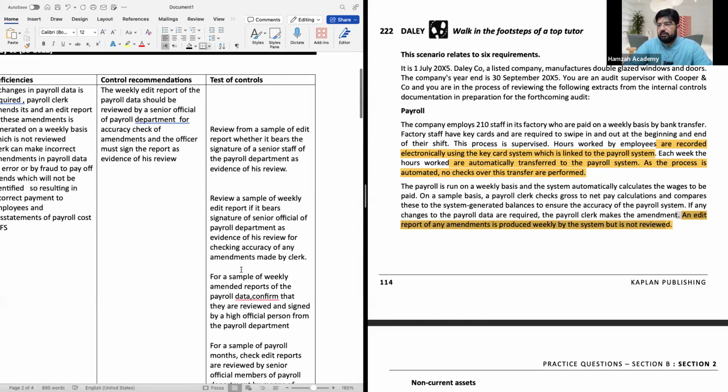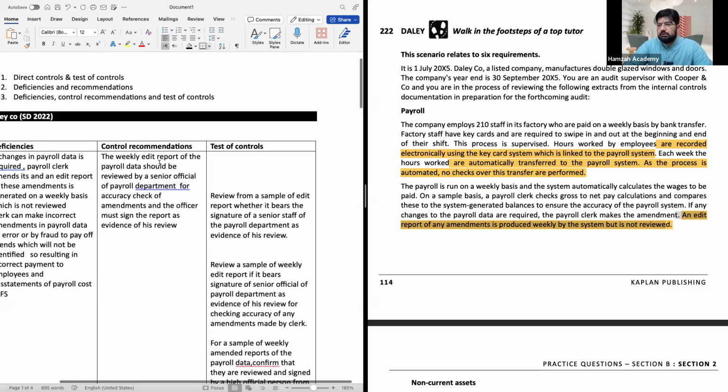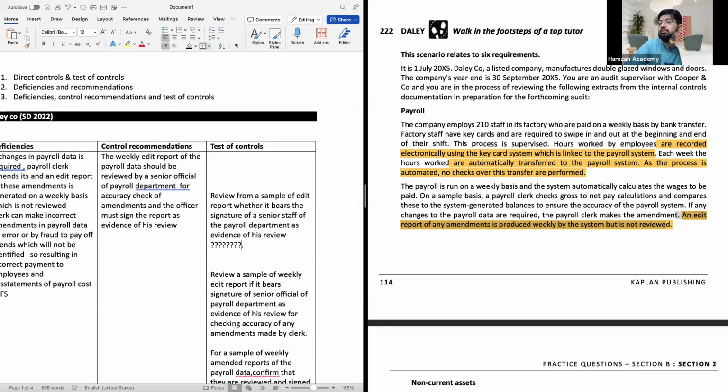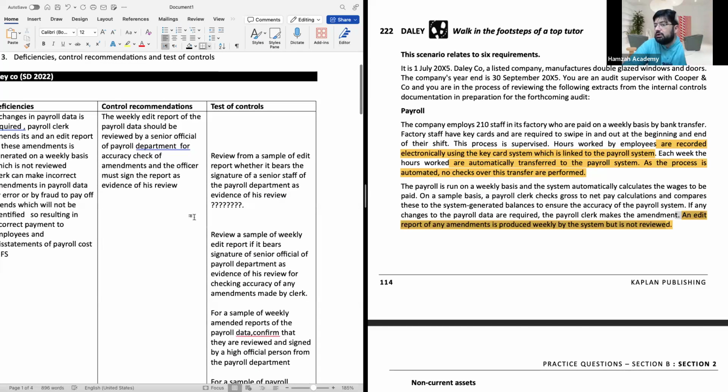Now, focus here, everyone. Edit report: review from a sample of edit reports. Which edit reports? Of payroll. Whether it bears the signature of a senior of payroll department. Review for what? Incomplete. Self-explanatory it should be.